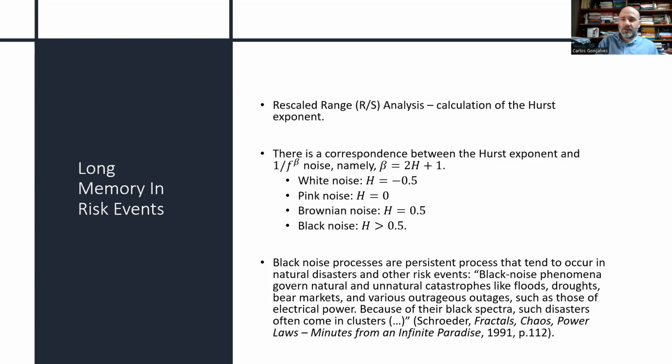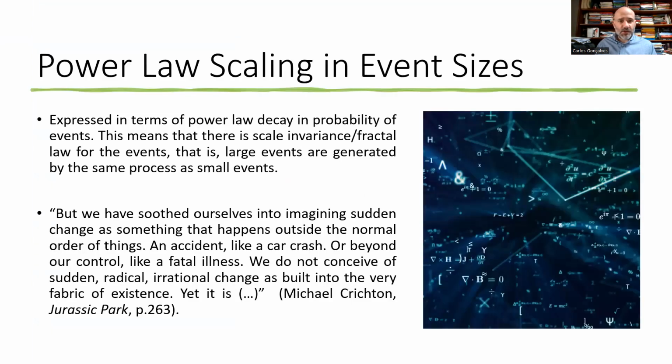So when a catastrophe occurs, it can last for a while. And this can also be linked to turbulence, and turbulent processes that have long laminar phases and then bursts of activity. And we'll be seeing this in the case of financial markets daily amplitudes. So financial market volatility tends to be characterized by black noise.